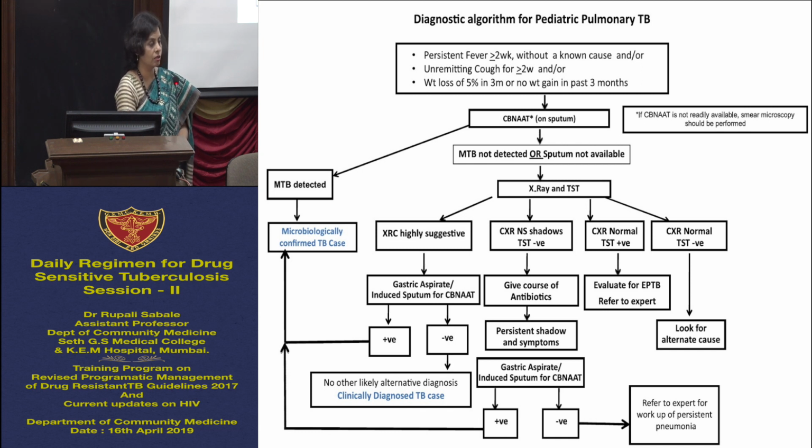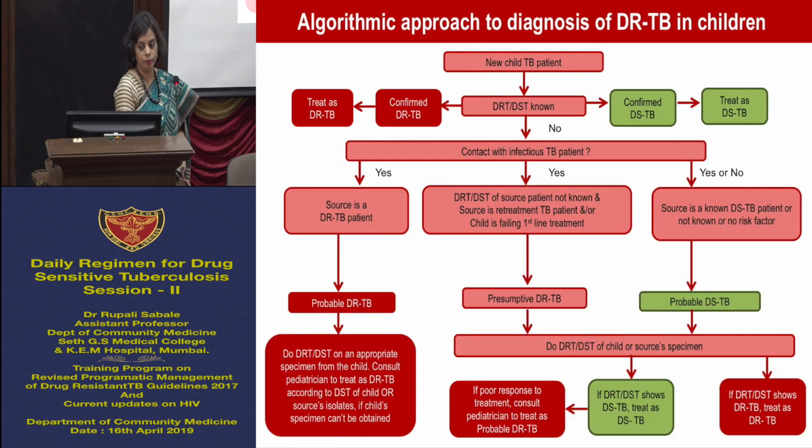If chest X-ray is normal but TST is negative, we have to evaluate for extrapulmonary tuberculosis. If chest X-ray is normal and TST is also negative, then we have to look for an alternative cause for the symptoms. This is the algorithmic approach to diagnose tuberculosis in children.